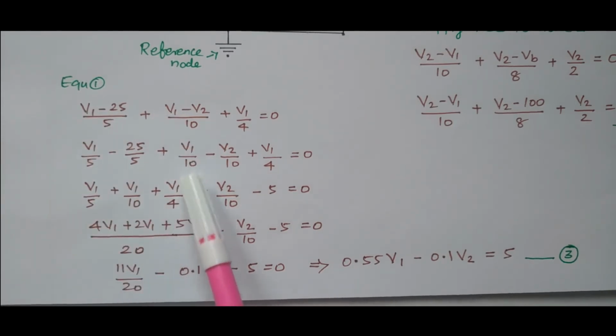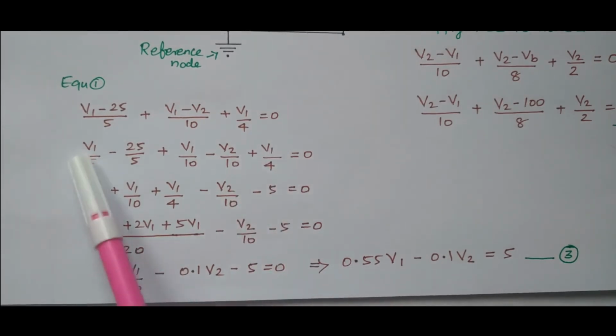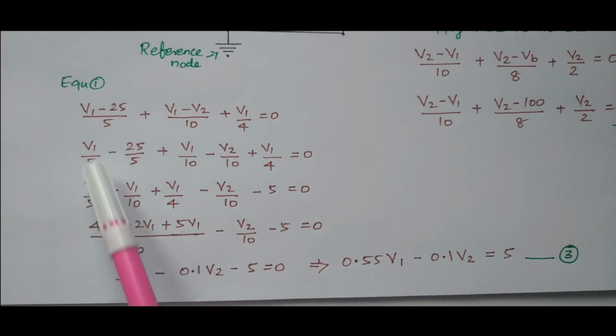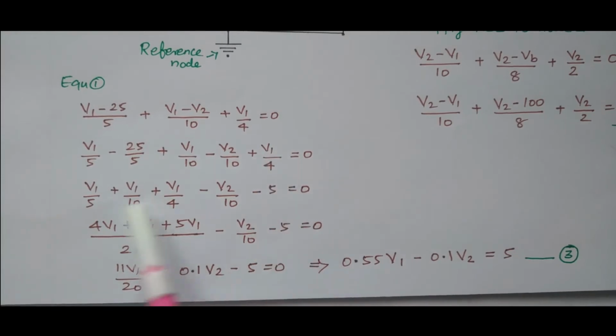Similarly, V1 by 10 minus V2 by 10 plus V1 by 4. Now all are split. Now write all the V1 terms: V1 by 5, V1 by 10, V1 by 4. Only one V2 term is available, minus V2 by 10. The numerical term is 25 by 5, which is 5. So all V1 terms are written first, then the V2 term, then the constant.